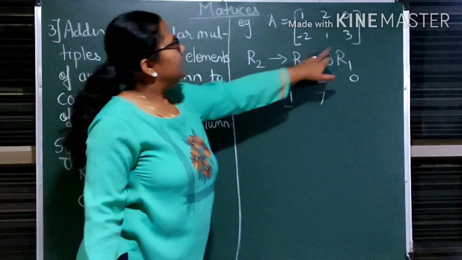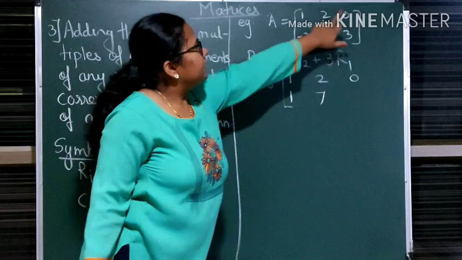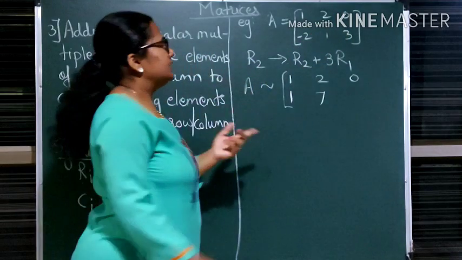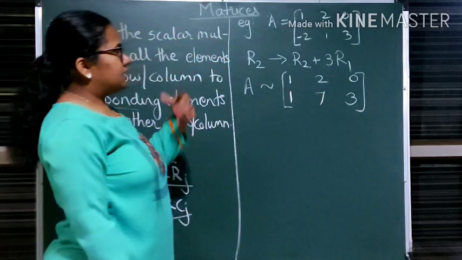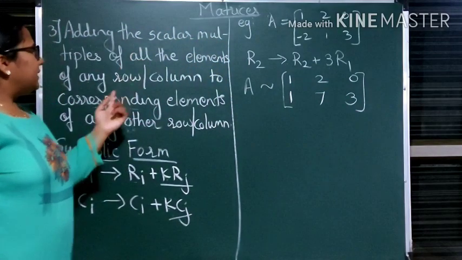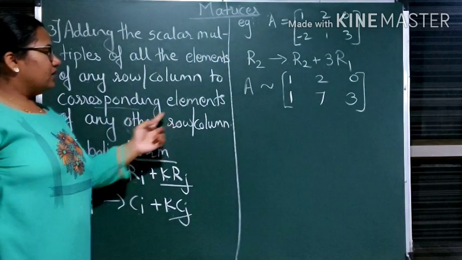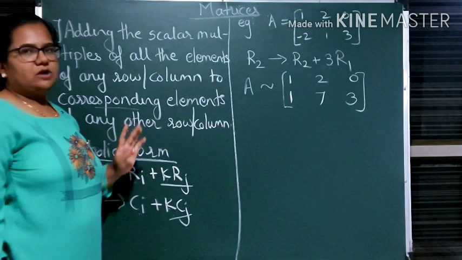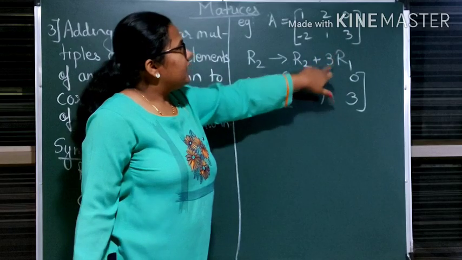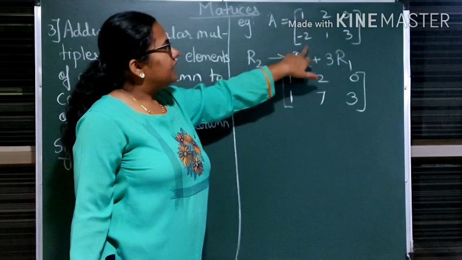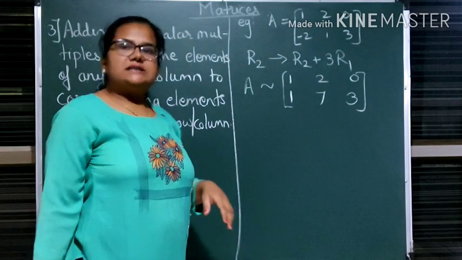Next, R2 element is 3 plus 3 into 0. 3 into 0 is 0. So 3 plus 0 remains 3. So this is your scalar multiplication and then adding to the elements of any other row or column. So what we have done here, we have scalar multiplied the first row by 3 and whatever value we are getting, we are adding that value to the elements of the second row.